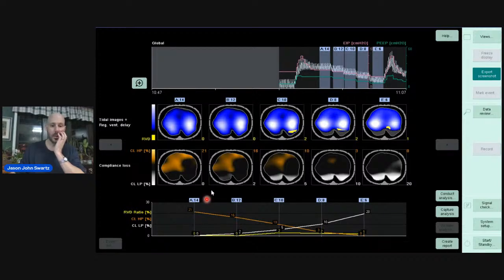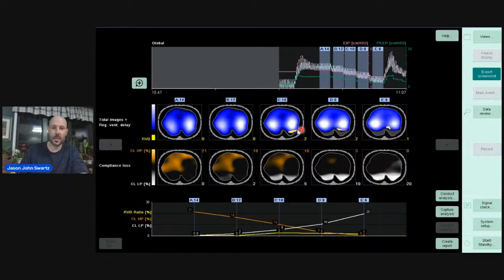The compliance loss has been reduced, so the lung is becoming more compliant. At 10, we see here that the lung is again even less over distension. We're down to 10, but now we have to make a choice, because now we start seeing that we're going to have trouble with atelectasis.